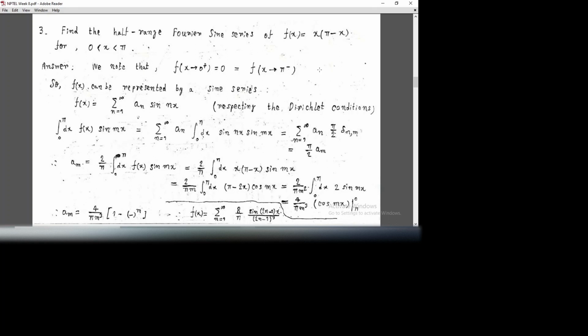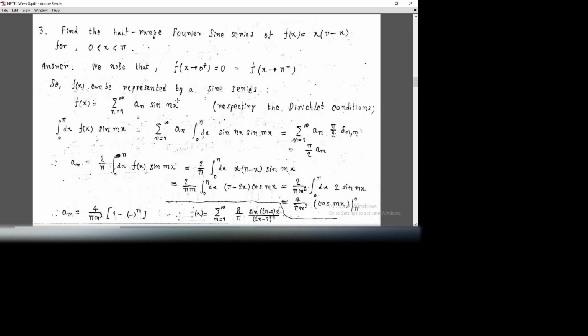Whenever we have a function in a given range that has zeros as the values at boundary points, that kind of function can be expanded as a Fourier sine series, and moreover that will not be an ordinary sine series, but a half range Fourier sine series.